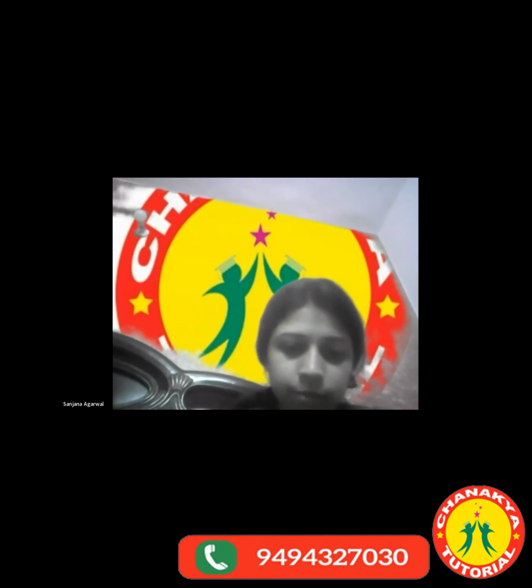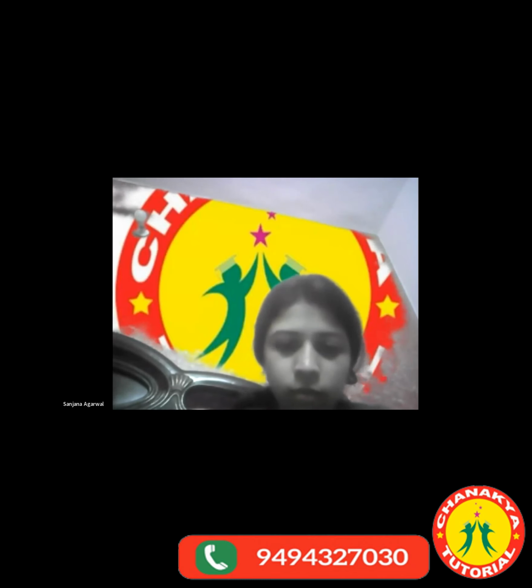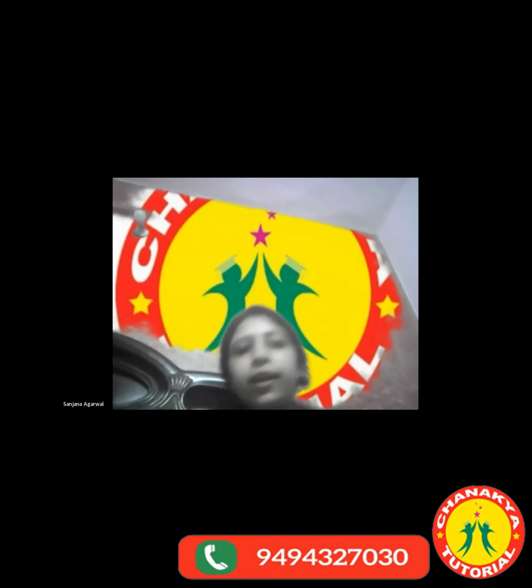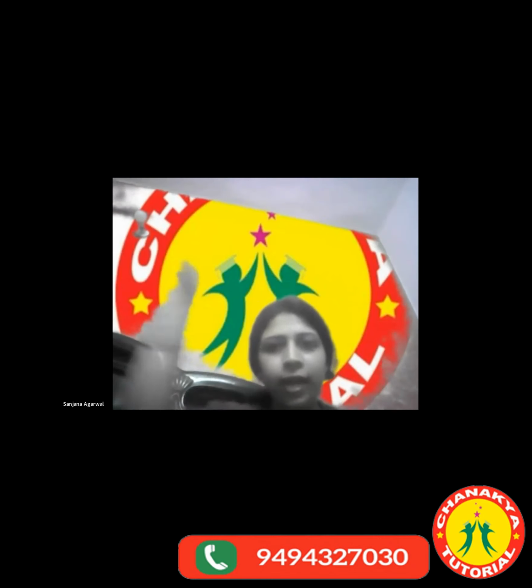Vidhi has shared. Good, everyone. Try to label your diagram every time you draw anything. Like if you have drawn a plane mirror, you can name it M dash.